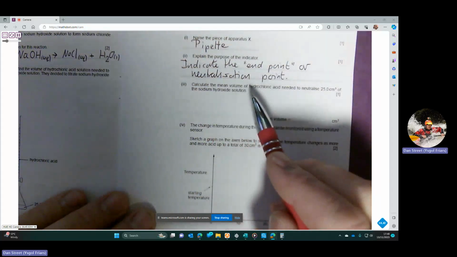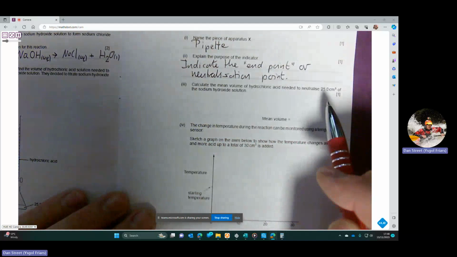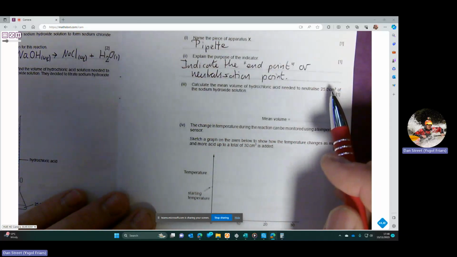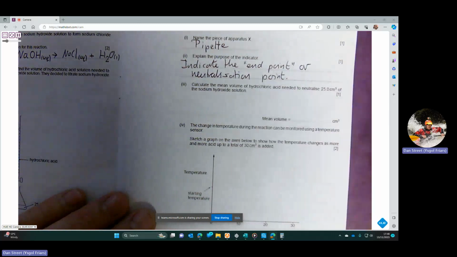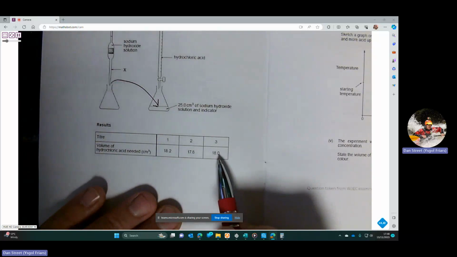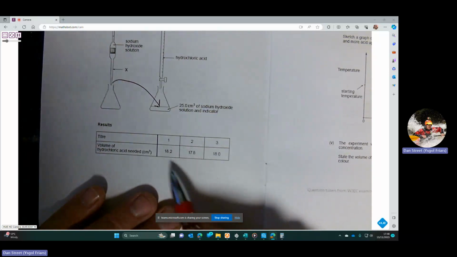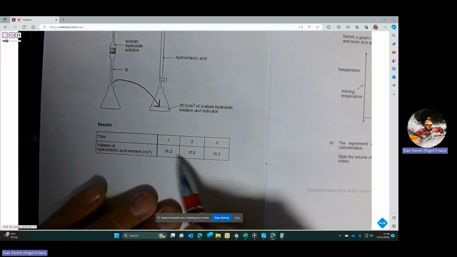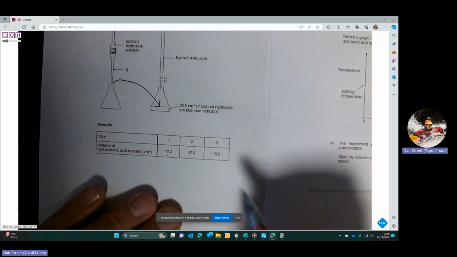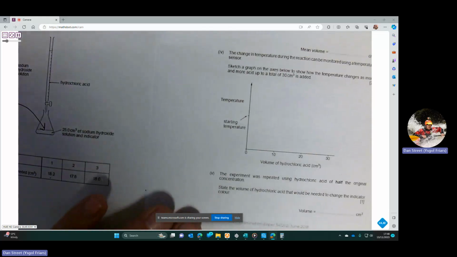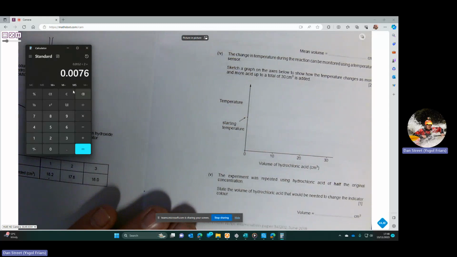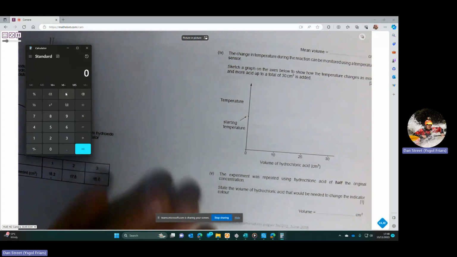Right, calculate the mean volume of hydrochloric acid needed to neutralize 25 centimeters cubed of sodium hydroxide solution. Okay, now there are 3 results here, and they vary by a total of 0.4 centimeters cubed, and there are no 2 that are grouped together, so we are forced to use all 3 of them. Okay, so I would advise to use a calculator in this instance under exam conditions, so you don't make any errors.